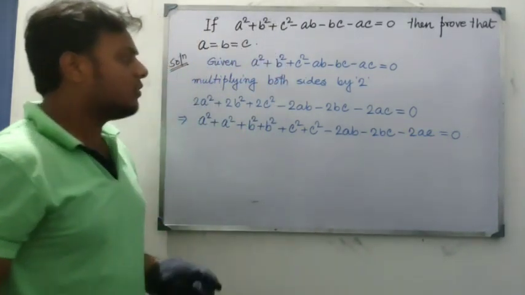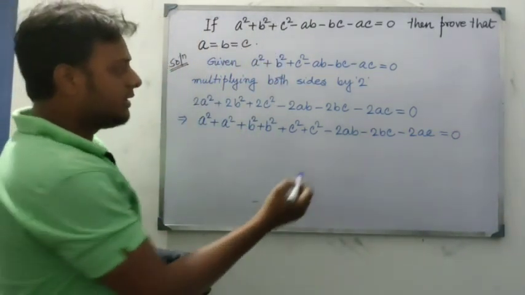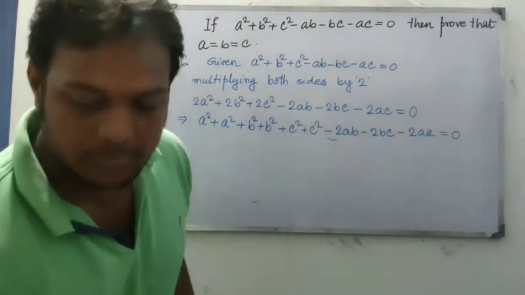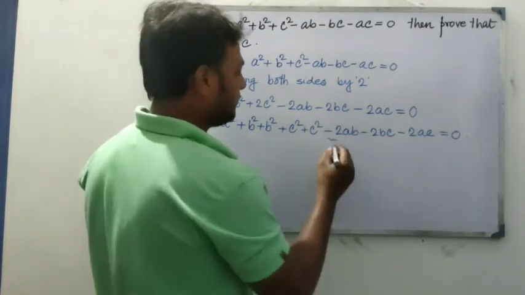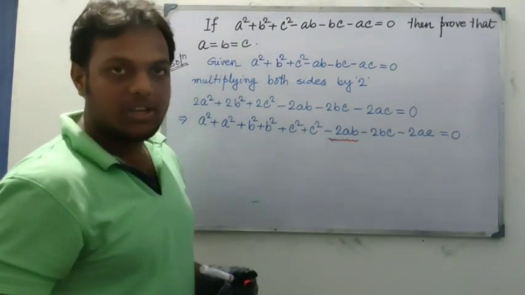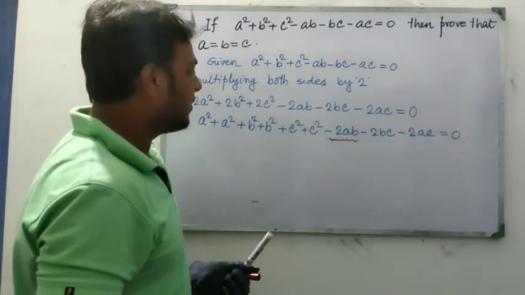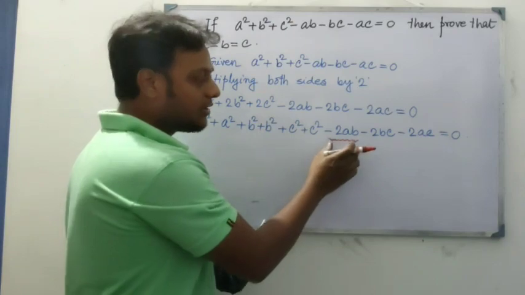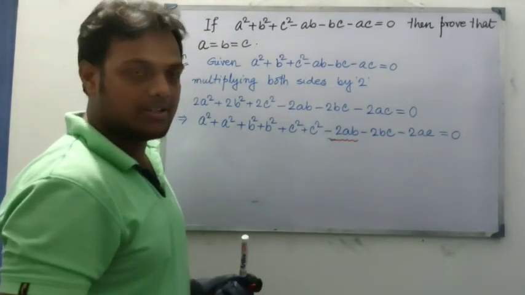Now we have to make the group. Since 2ab is there, to make a perfect square, we need a square plus b square. And a square plus b square, together with minus 2ab, we can make a perfect square.